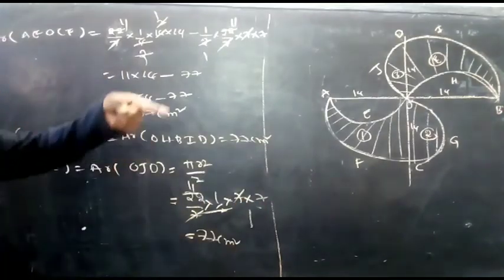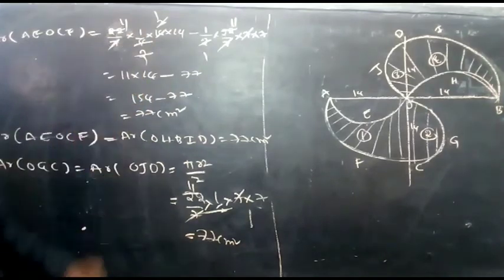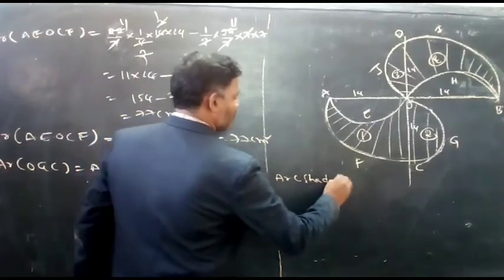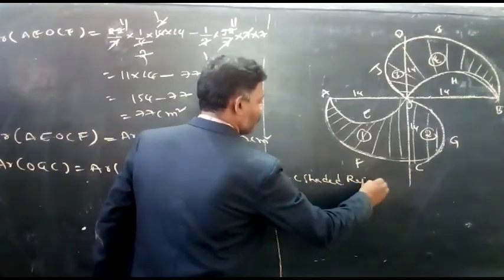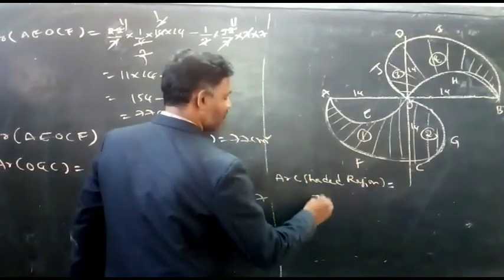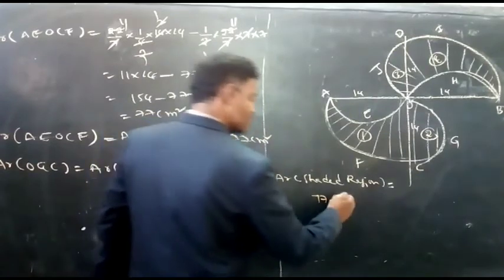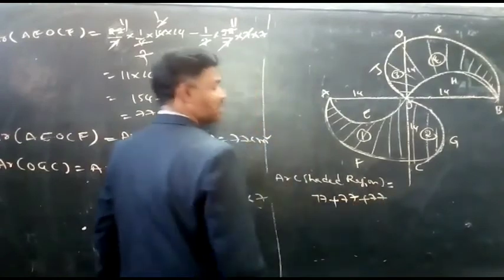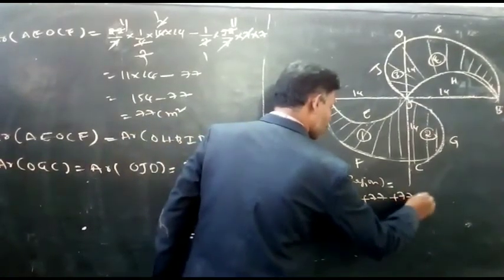Now I know the areas of all four parts. What can we write? Area of the shaded region is equal to: what is the area of the first part? 77. Second part is also 77. Third part is also 77. Fourth part is also 77.